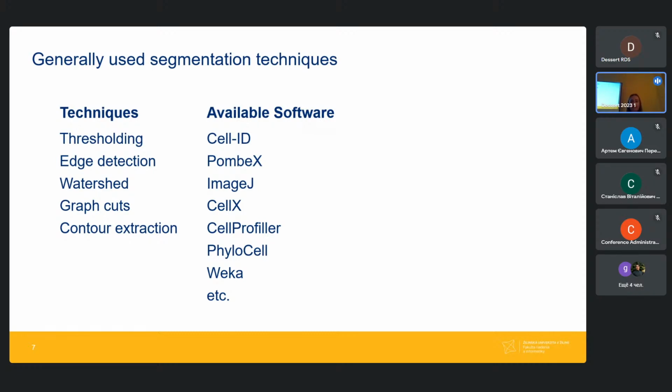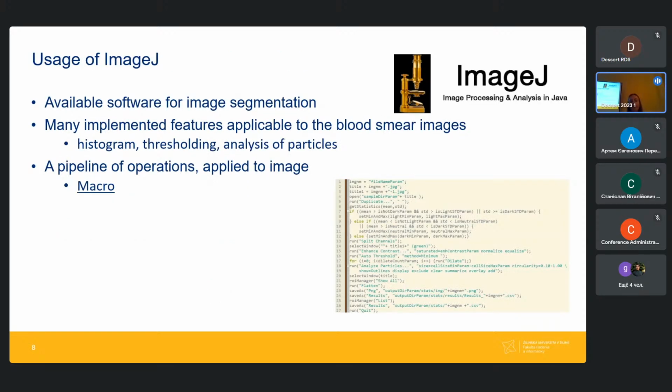Since these techniques are available in many software solutions or libraries, I decided to make use of this. Specifically, I chose ImageJ software because it has many implemented features that I can apply, and it's very user-friendly and easy to use.